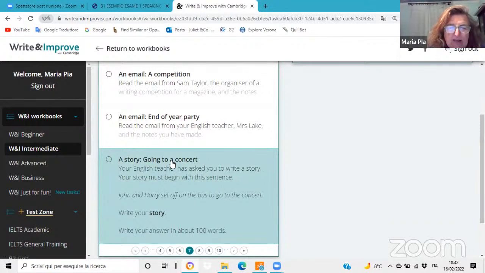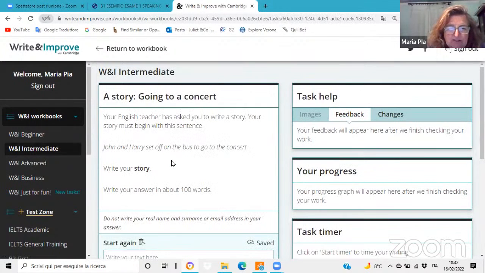Okay. A story, going to a concert. You must begin with this sentence. John and Harry set off on the bus to go to the concert. Write your story. I'll put it in the chat.